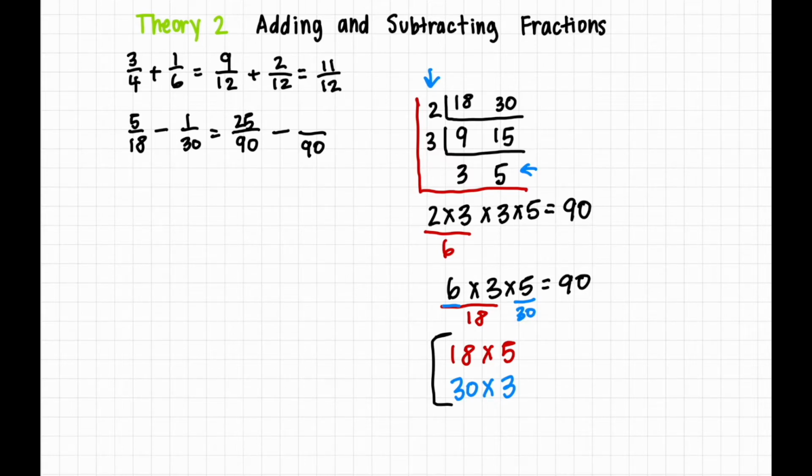And then since we did 30 times 3 over here, we would also do 1 times 3. And that equals 3. And we would subtract the numerators, so it becomes 22 over 90. And if we simplify that, it would be 11 over 45.